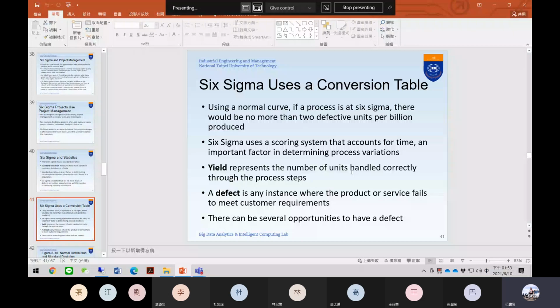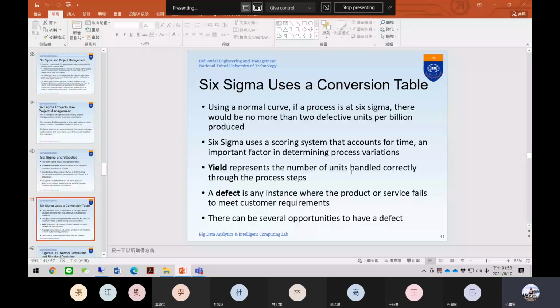A process strictly at the 6 sigma level has no more than 2 defective units per billion, not per million, per billion, since under this condition we do not allow any mean shift. So that will occur only less than 2 defects per billion opportunities. That's not that realistic.